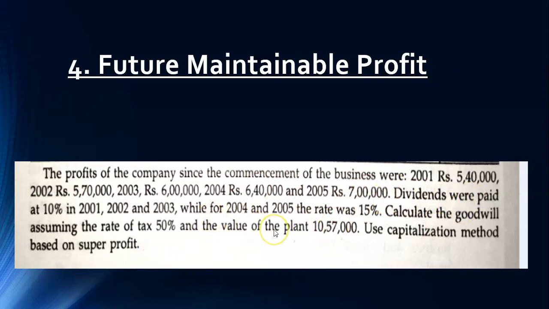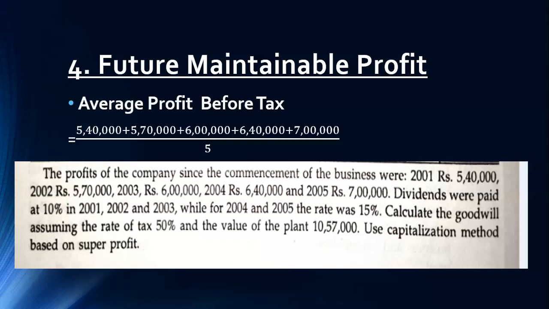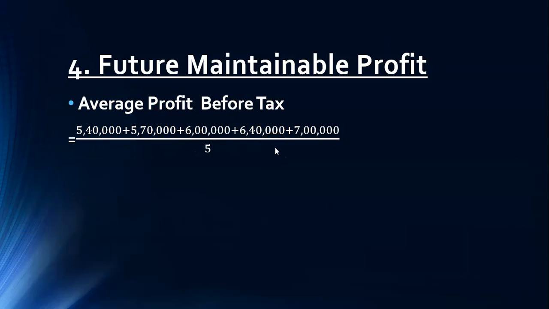If there is any additional information about fire, loss, future expenses, we are going to adjust the same. But there is no such adjustment. We are going to add here the average profit. We have added all the profits over here, and the average future maintainable profit is 6,10,000.